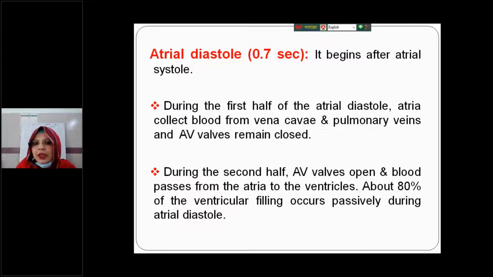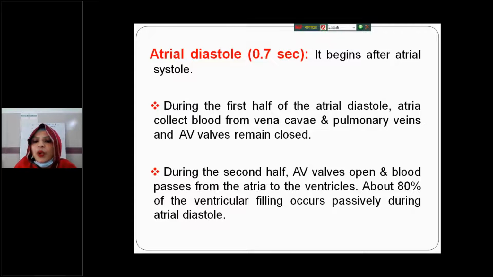So the rush is due to the filling of blood. From the superior vena cava and inferior vena cava, blood comes towards the right atrium, and through the four pulmonary veins blood comes into the left atrium. Whenever the right atrium and left atrium fill with blood, at that time blood is pushed passively towards the right ventricle and left ventricle.